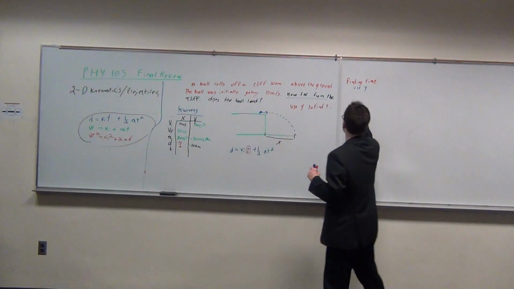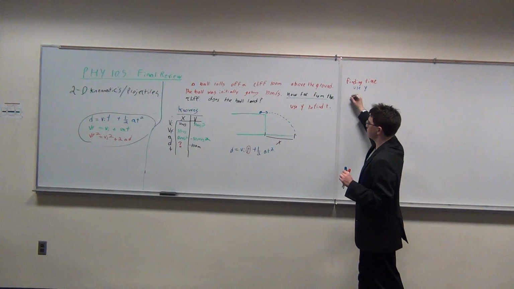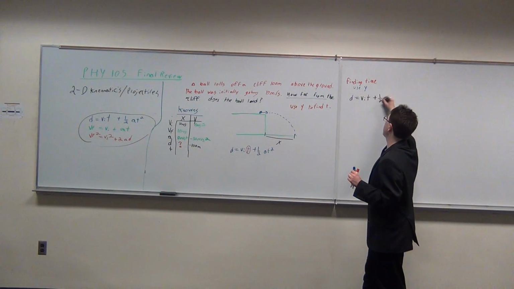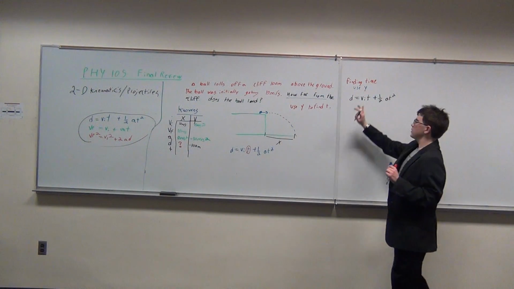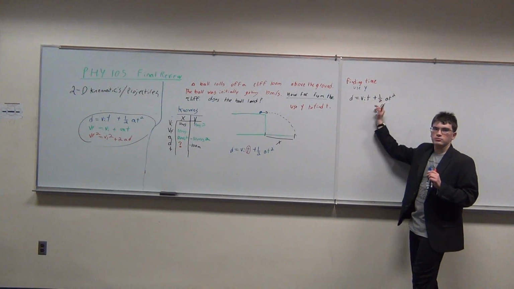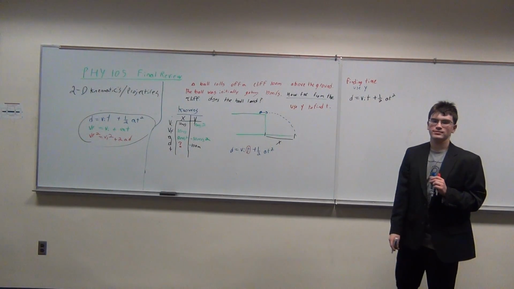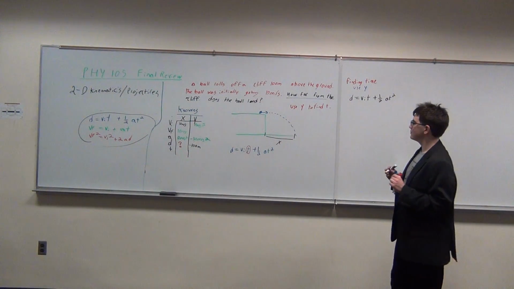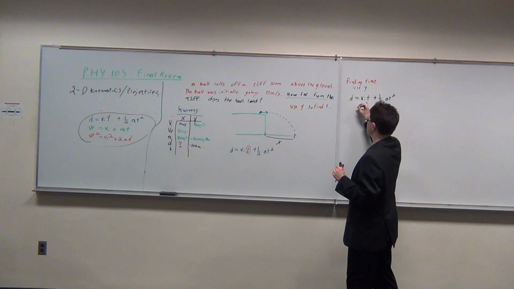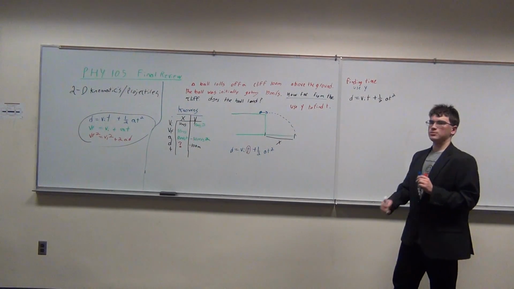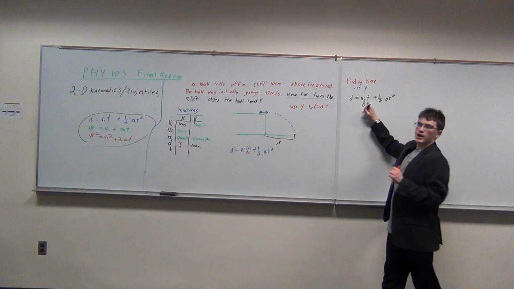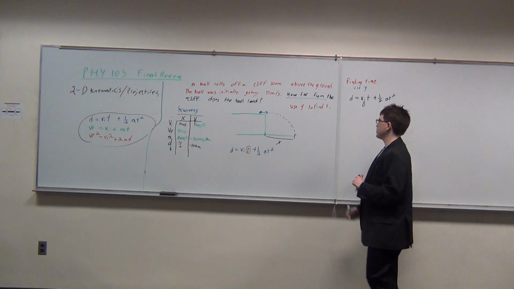Distance equals VI t plus 1/2 at squared. Says we're using y, which part of this goes away? Yeah, initial velocity 0. 0 times time is 0.